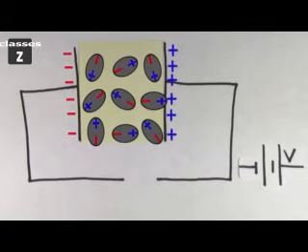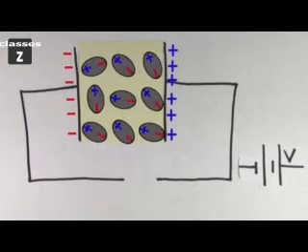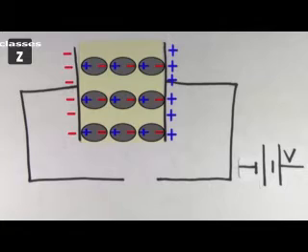In this case, when the dielectric is placed between the charged up capacitor plates, the attraction between the negative side of the polarized molecule and the positive plate of the capacitor would cause the polarized molecules to rotate, allowing the negatives to be a little bit closer to the positively charged capacitor plate. Either way, the end result is that the negatives in the atoms and molecules are going to face the positive capacitor plate, and the positives in the atoms and molecules are going to face the negative capacitor plate.